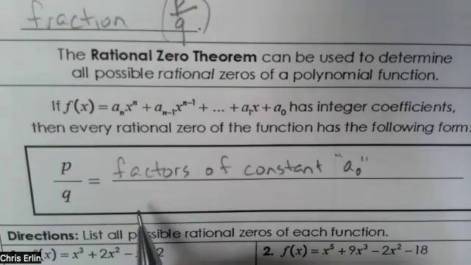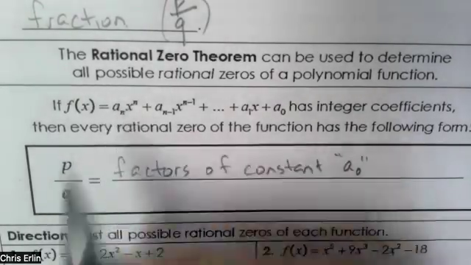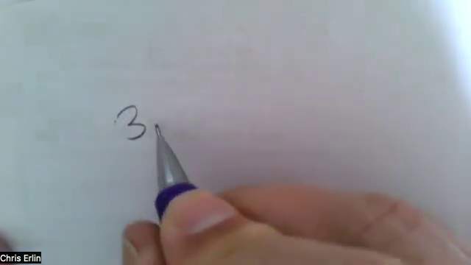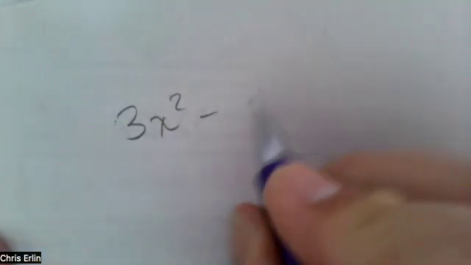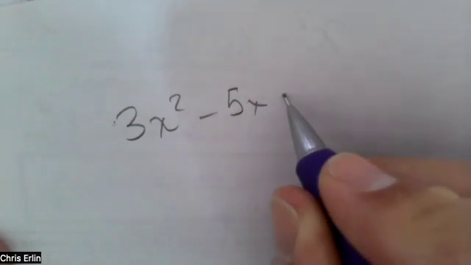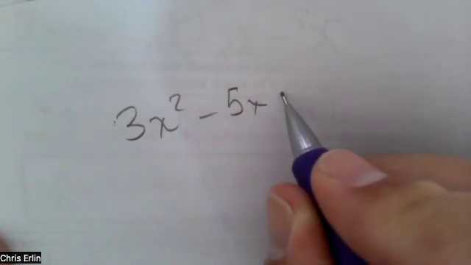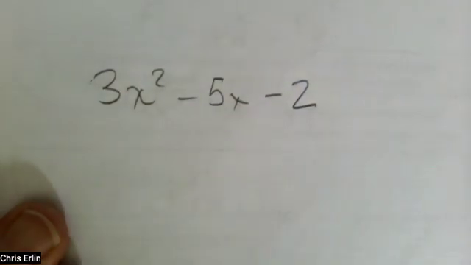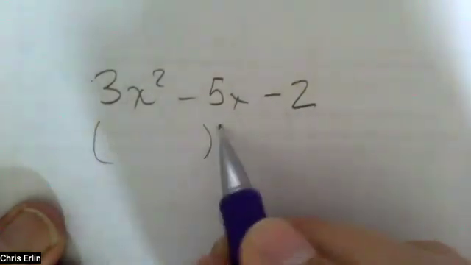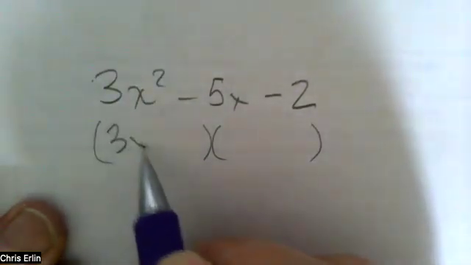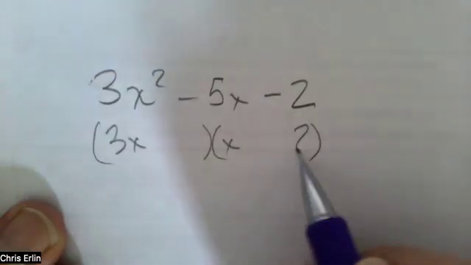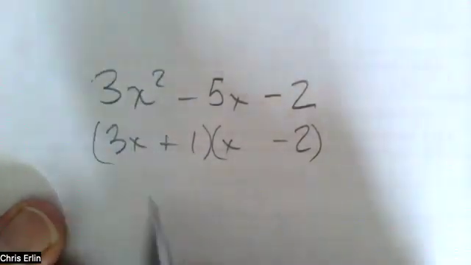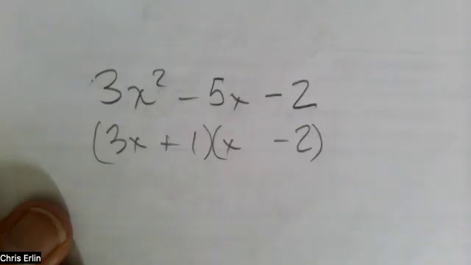And Q is the factors of the lead coefficient because, let's say this is our quadratic that we're trying to factor. 3x and x, -2 and 1, and it ends up like this, right?